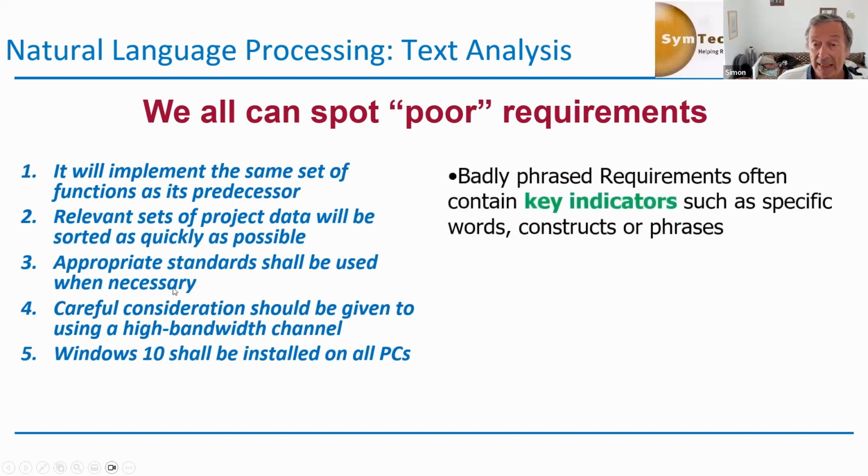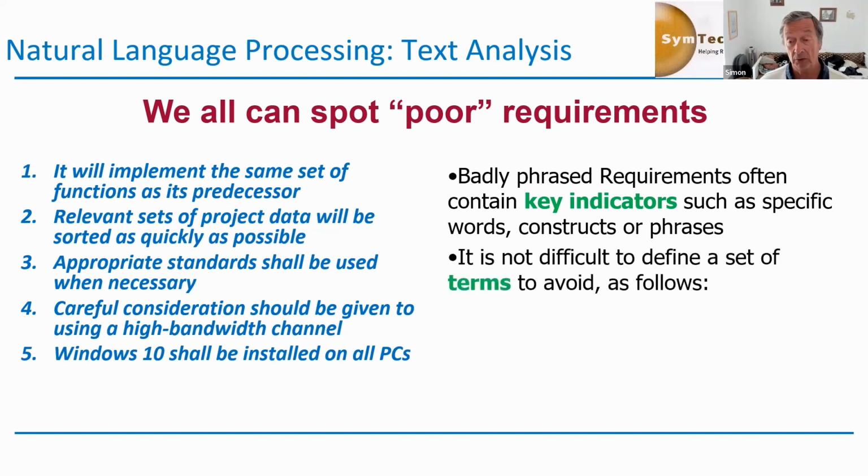Now, it's very easy to spot badly phrased requirements because they often contain key indicators: specific words, constructs, or phrases which hint at the poor quality. And it's not difficult to define a set of terms to avoid as follows.